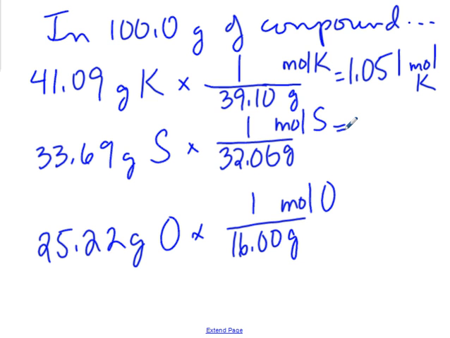So you divide those numbers and you get 1.051 moles of sulfur. If I'm in the middle of a test question and I get this, I'm thinking this feels good because the ratio there is clearly 1 to 1. So in this formula, there's going to be the same number of potassiums as sulfurs, right?